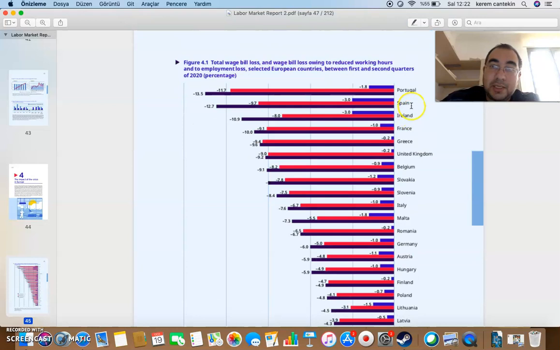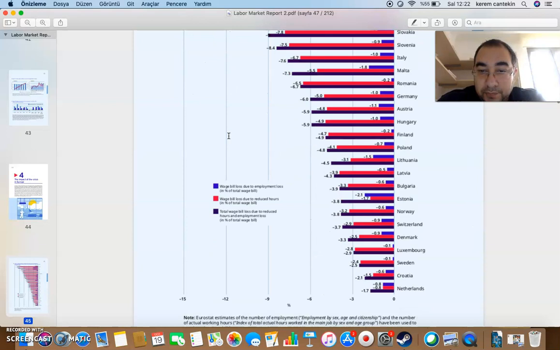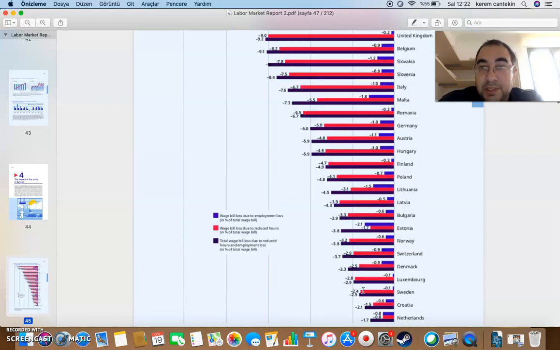And the highest loss is in Portugal, which is 13.5%, which means 13.5% of all wages paid to everyone is reduced in Portugal. In Luxembourg, for example, the loss created by employment loss is almost minus 0.1. The lowest loss in total is in the Netherlands. It is minus 1.7.